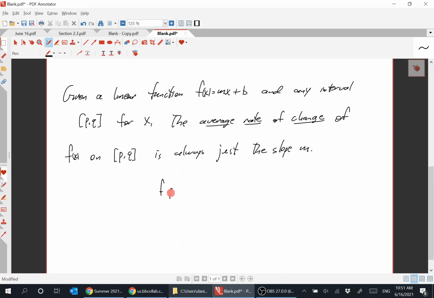Because f of p minus f of q over p minus q is equal to, well, f of p is m times p plus b, minus f of q, well, that's m times q plus b, over p, or q minus p, excuse me. Oh, I did this backwards, didn't I? f of q minus f of p over q minus p.